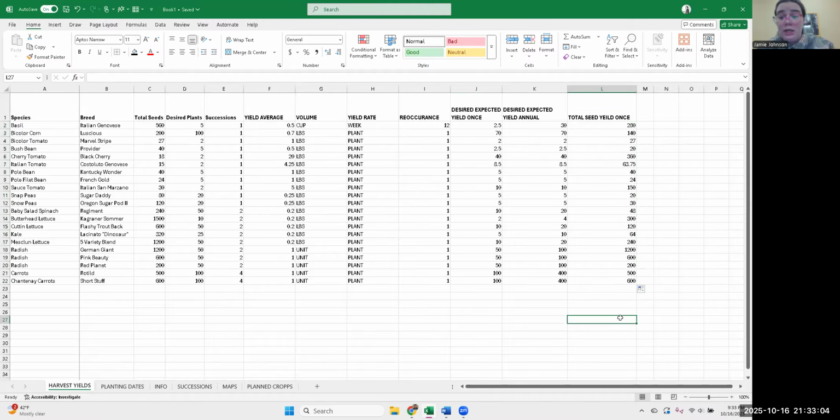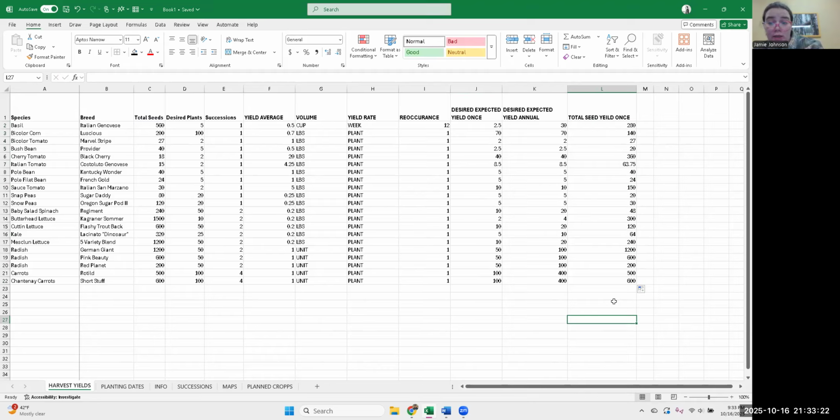Pull that down. And what that gives me is a maximum range of how much I could feasibly grow. And that makes my life a little easier.